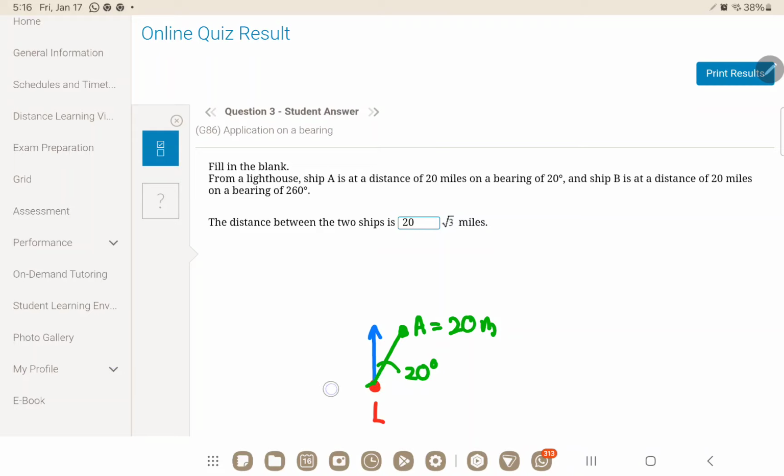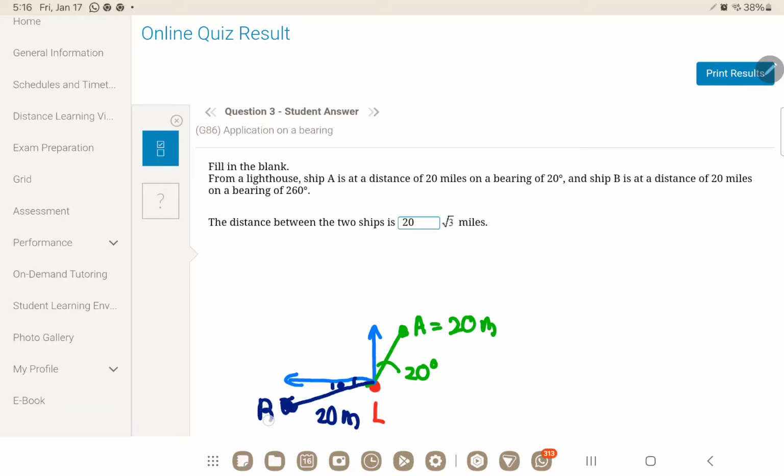Let me draw it with blue so you understand. This is due west. So our ship B should be somewhere like here, right before the 270 by 10 degrees. So like this. Here is 10 degrees. And it's at 20 miles.